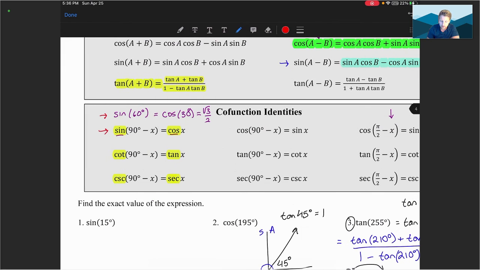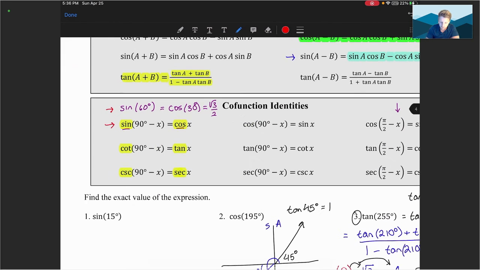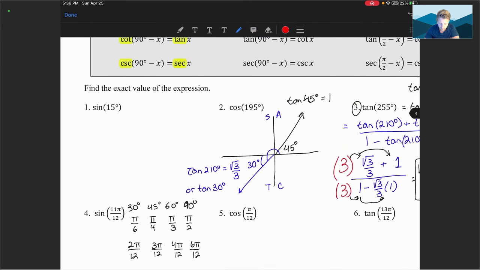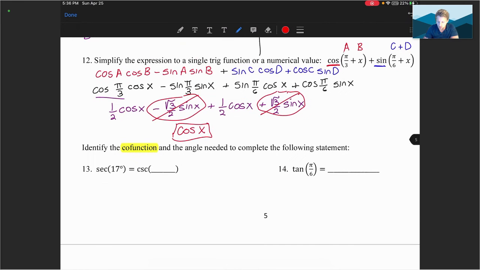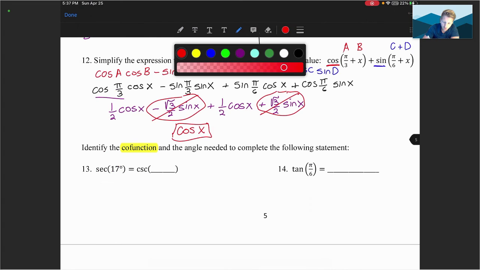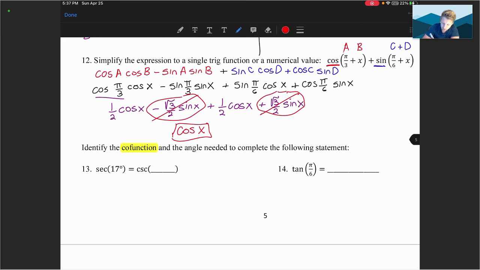So let's take a look at how we would identify the cofunctions in these last two examples. So these statements, secant of 17 and cosecant of blank, remember that the secant and the cosecant are cofunctions. So we can write an expression that says, for instance, that the secant of x is equal to the cosecant of 90 minus x, regardless of what that x value is.